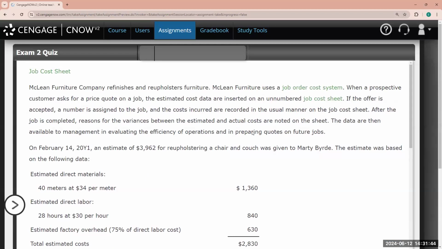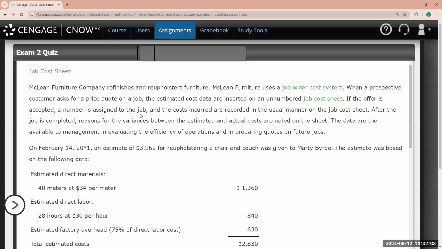For this problem, we have a job cost sheet, and it says McLean Furniture Company refinishes and reupholsters furniture. McLean Furniture uses a job order cost system. When a prospective customer asks for a price quote on a job, the estimated cost data are inserted on an unnumbered job cost sheet.